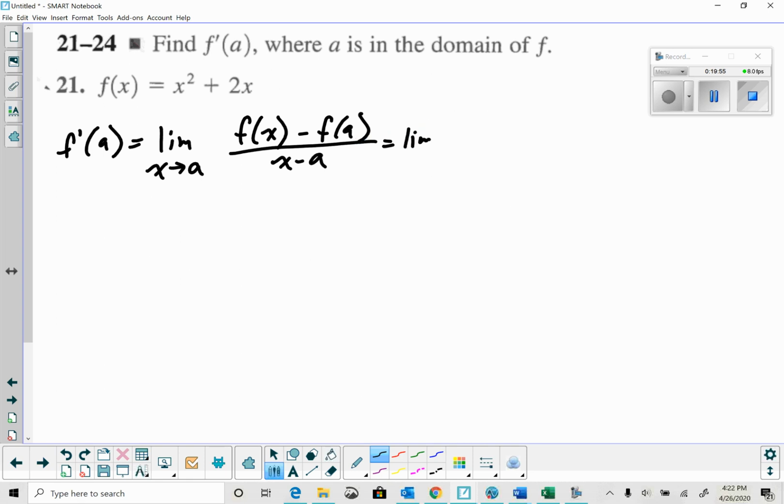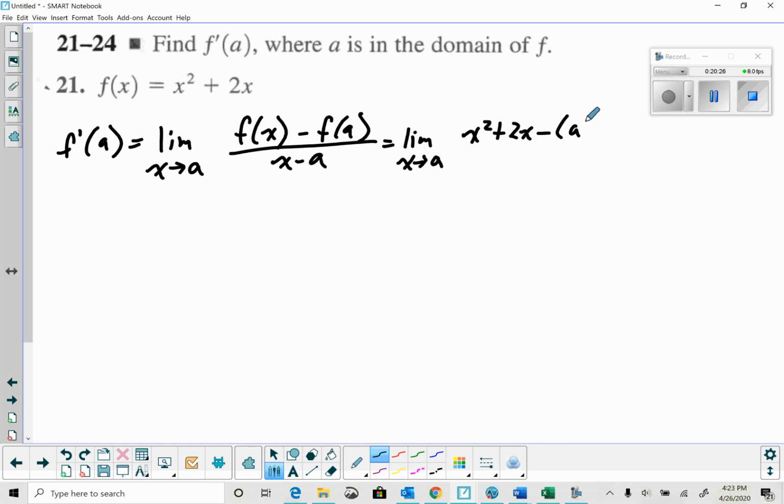The limit as x approaches a. Now again, we can't substitute a in place of x right now. That gives us a minus a, our denominator is 0. We need to work on some simplification. So we need f of x. Well, that's simply the original function here. So that's x squared plus 2x. And then we have to subtract f of a, which means we substitute a in place of x.